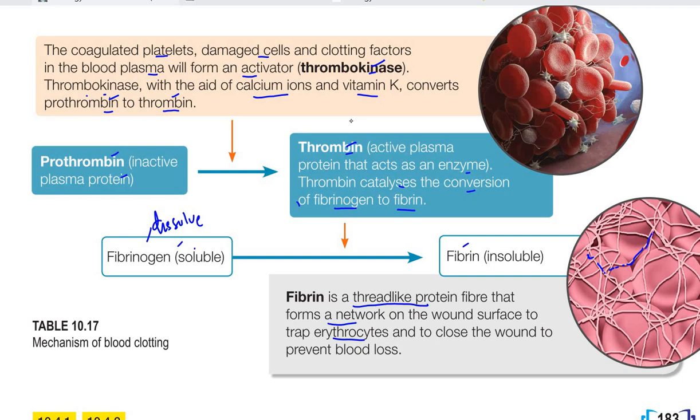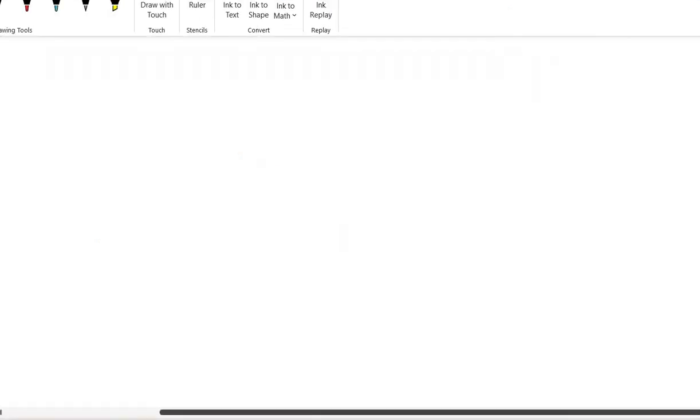Then this network of protein fiber will trap erythrocytes and close the wound to prevent blood loss. So this is how the process of blood clotting works. Maybe in sentences you cannot see it clearly.